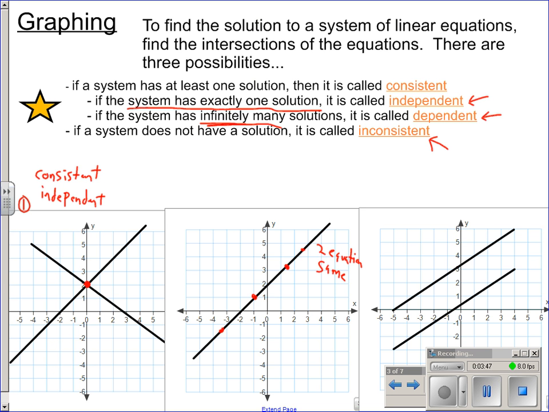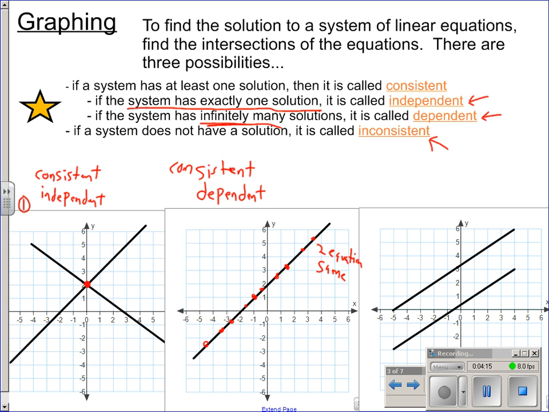There is an infinitely many number of points that satisfies both equations. So there is a solution. This is consistent, but there's infinitely many solutions. These two lines are one on top of another. So there's an infinitely many number of points that satisfy both equations. That's what it means for it to be dependent.